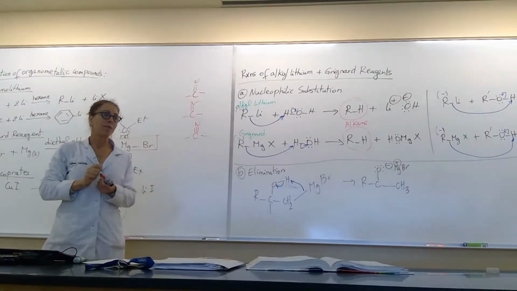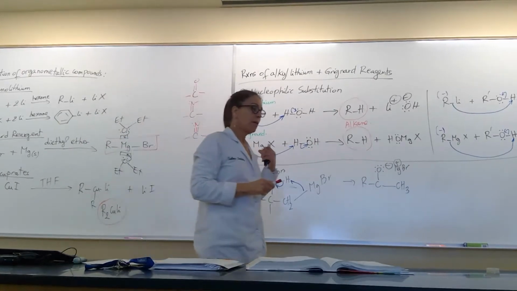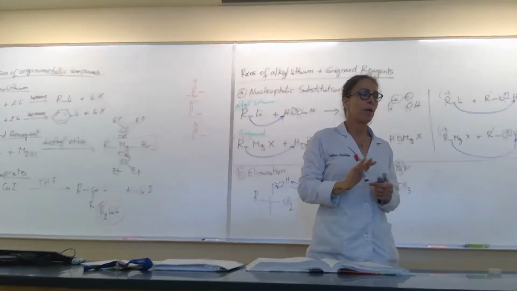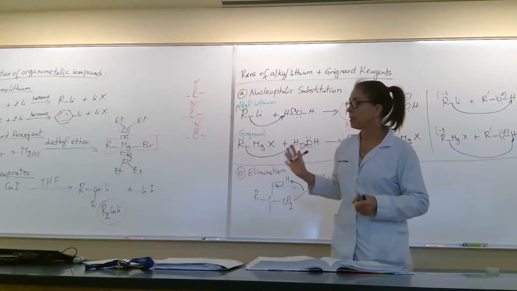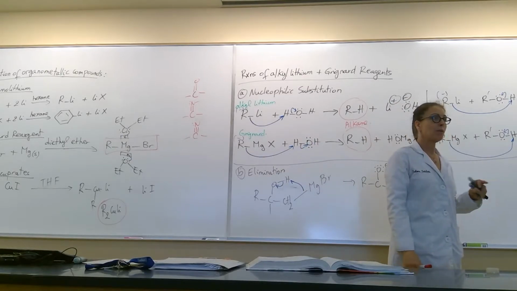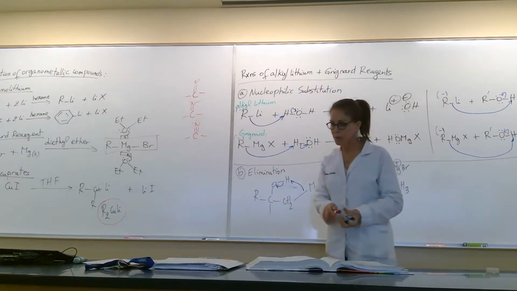So these are chapter 15 and 16. These would be addition, elimination. Because they're all similar, they kept them in one chapter. And in this one, they focused on just coupling reactions.